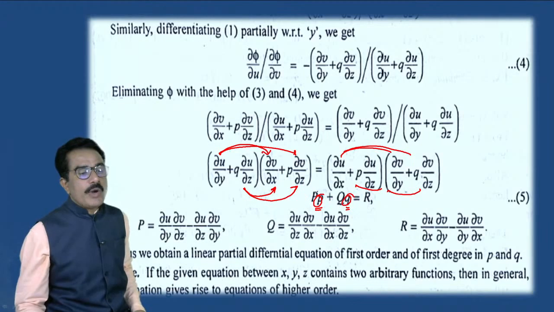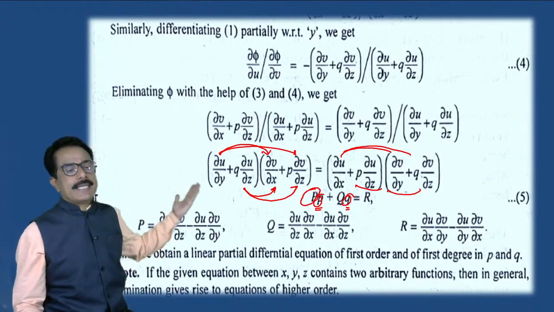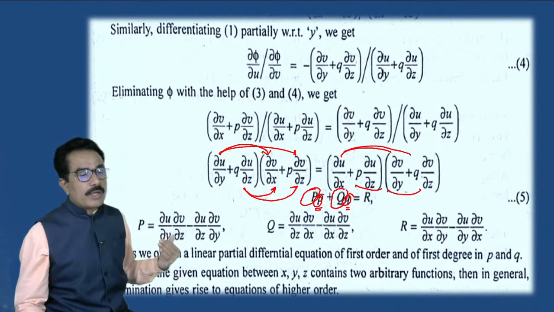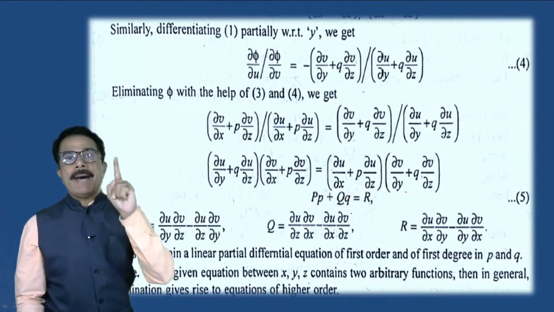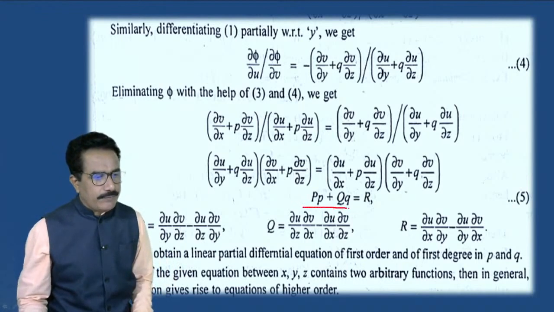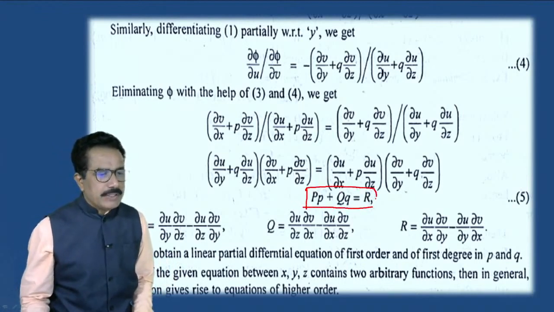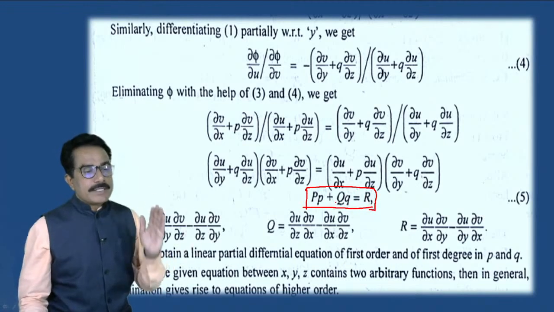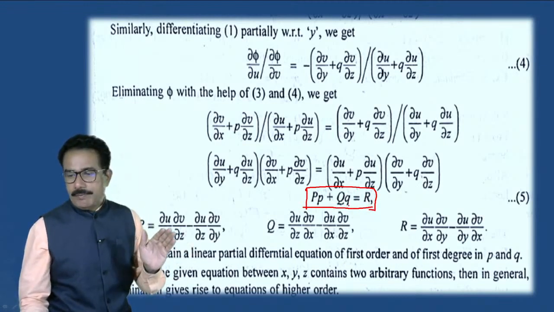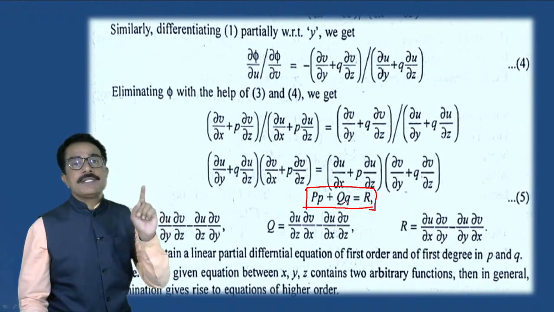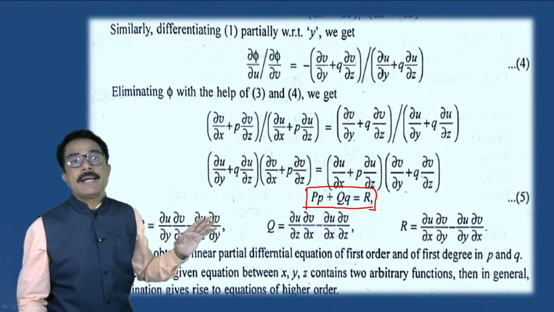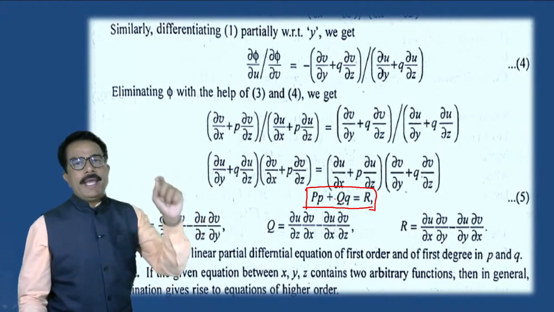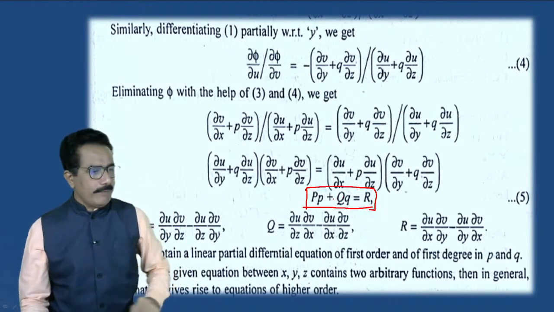Then the coefficient of small p is considered as capital P. The coefficient of small q is considered as capital Q and the right side is completely considered as capital R. Then we will get the partial differential equation of the form capital P into small p plus capital Q into small q which is equals to R. This is the formation of a partial differential equation by eliminating the arbitrary function φ of u, v.